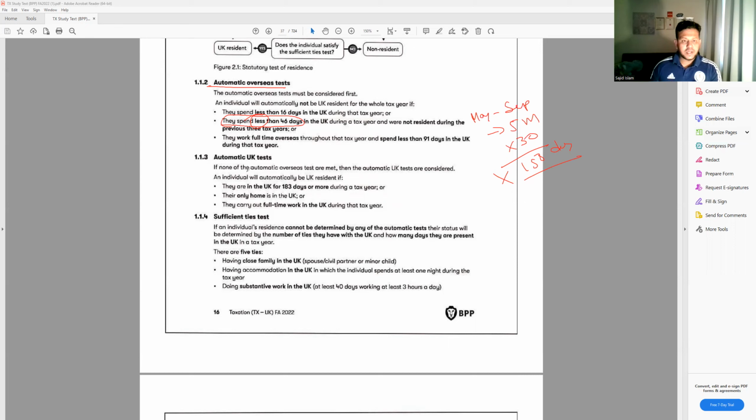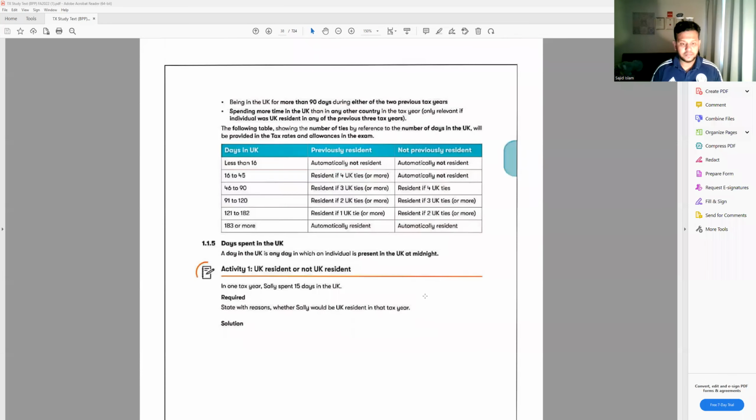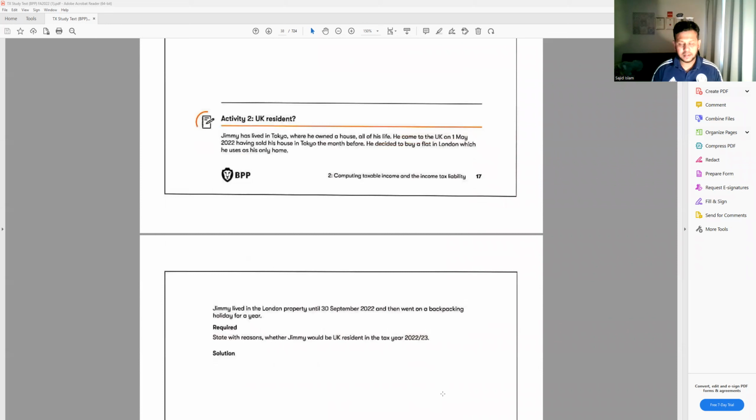And then the next one is, they work full-time overseas. So the next condition, if you spend less than 91 days in the UK, and also if you work full-time overseas. Now he's not working overseas full-time, is he? Because he's just going for a holiday. If we read this one once again, he is going for a holiday.